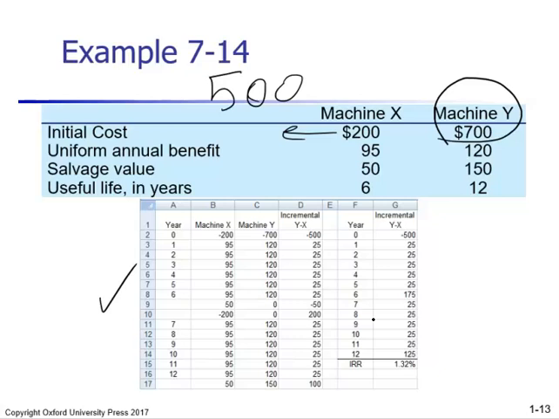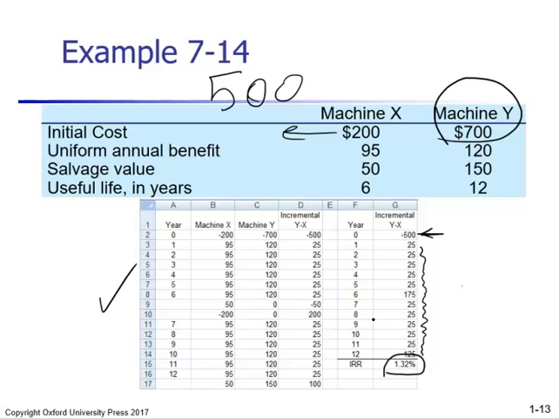You see the cash flow here, and here we see the incremental cash flow. And it says that now I'm paying $500 to get this cash flow or income or anything for the remaining time of 12 years. So what is the annual return I'm receiving on this 500 investment that I'm making?